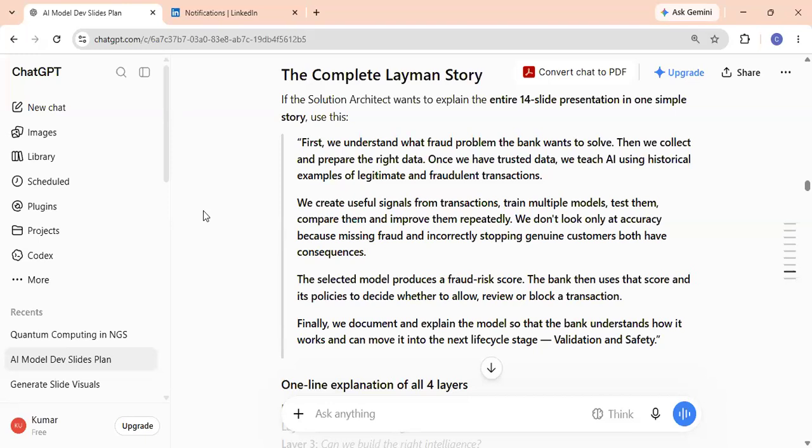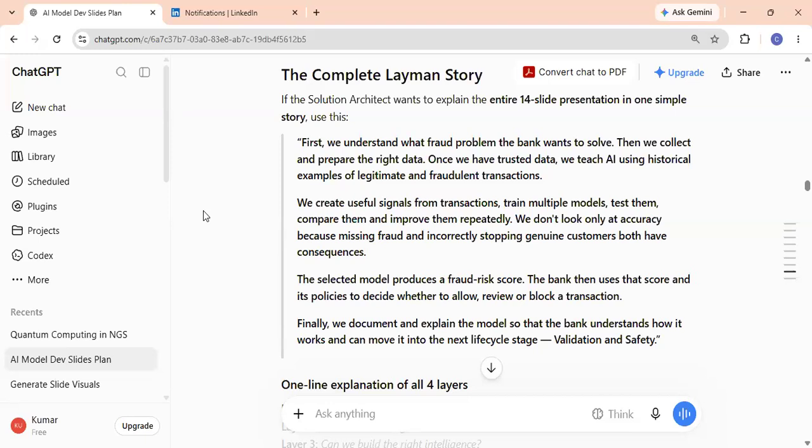So we create useful signals from transactions, train multiple models, and because we have version control, we get versions, test them, compare them and improve them repeatedly. Which model is best also we need to evaluate, right? How are you going to evaluate that this model is better than that? It depends on the data, depends on the explainability, all those things.